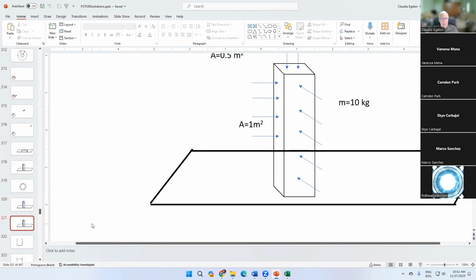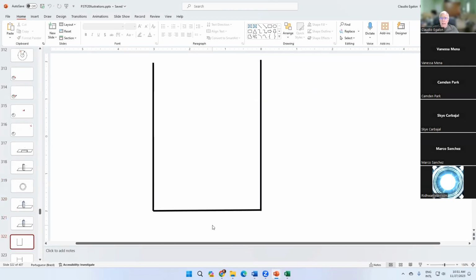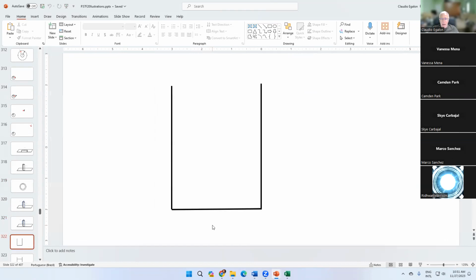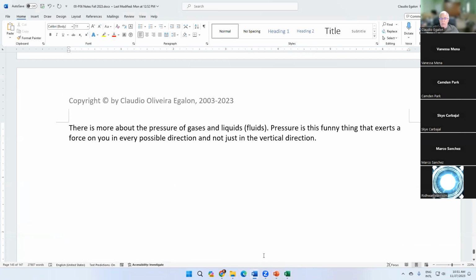Okay, remember that. And now consider a vase. Consider this container. Gases and liquids exert a force on you in every possible direction, not just in the vertical direction.